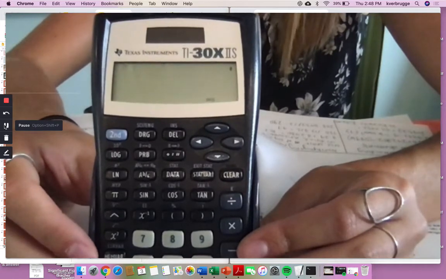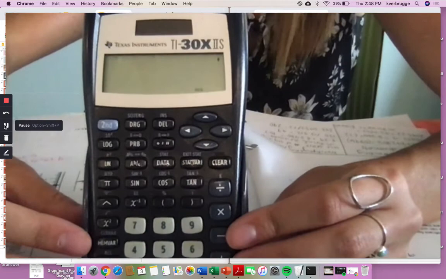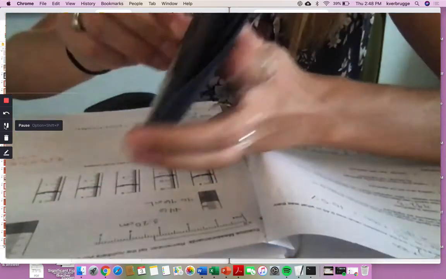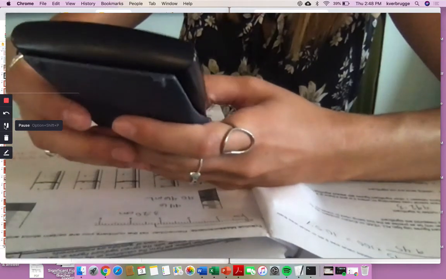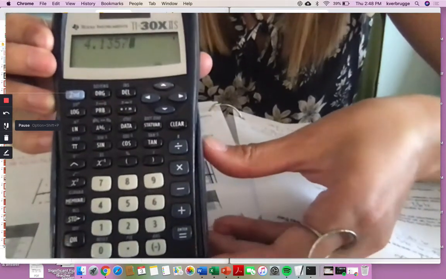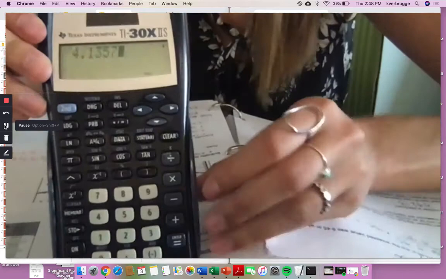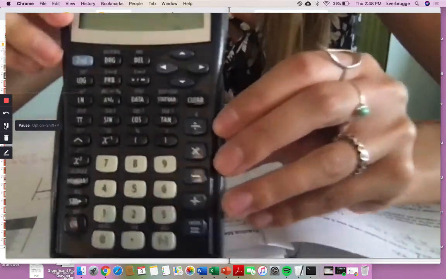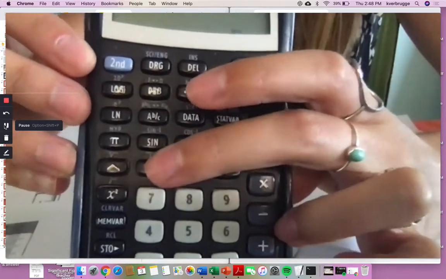So you're going to type the number in the same way. So let's say I'm doing 4.1357 times 10 to the negative 15. I'm still going to type 4.1357, like so. However, instead of just typing times 10 to the negative 15th, you're going to use this special key right here that says EE.